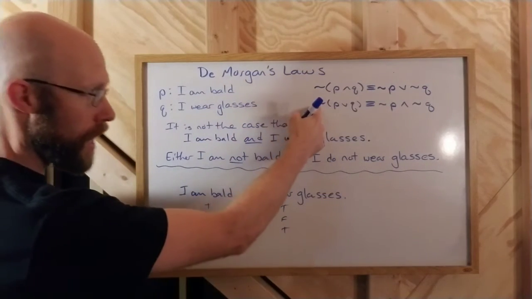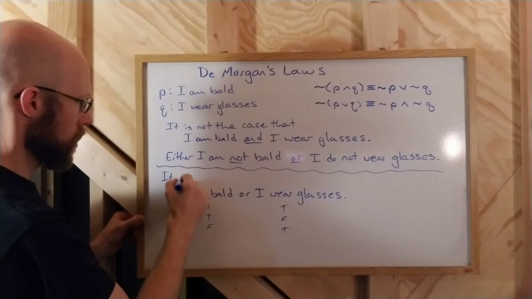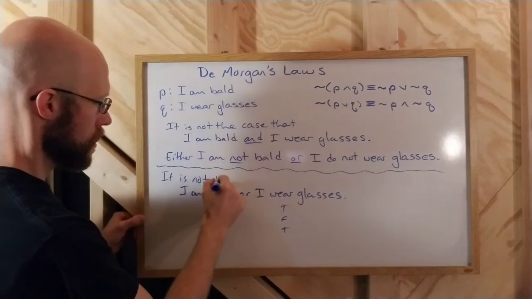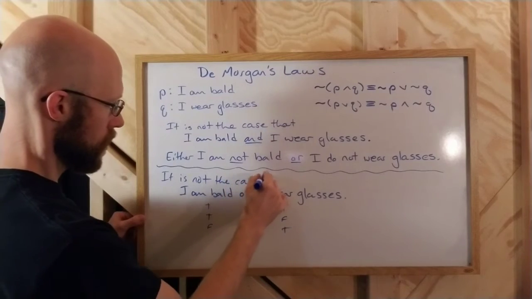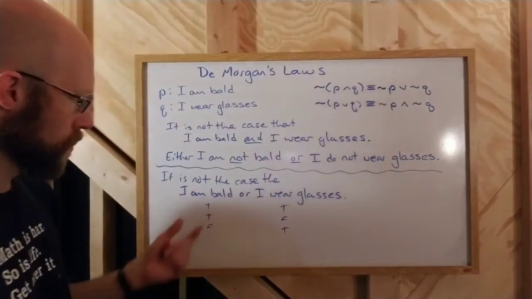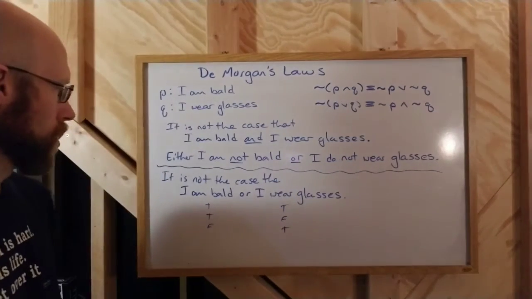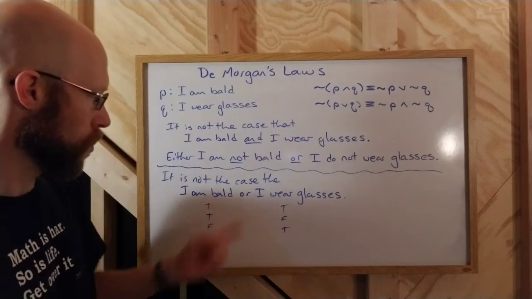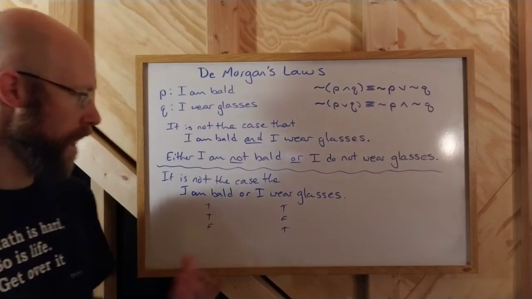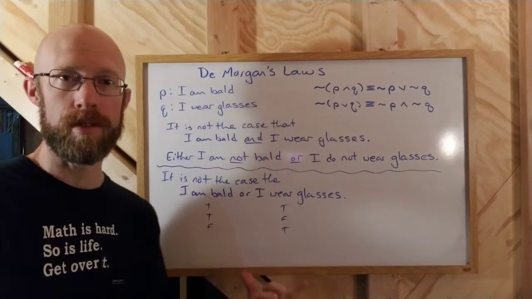But then if I negate that or statement, if I say it is not the case that I am bald or I wear glasses, well, if these are all the options for the or statement, then the negation would have to be both falses, right?